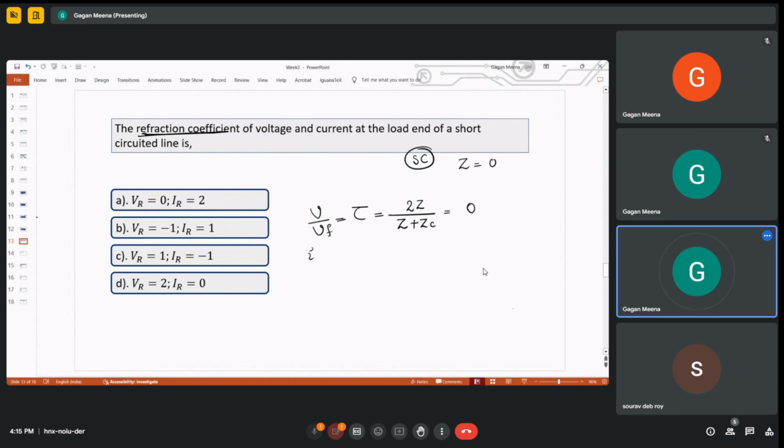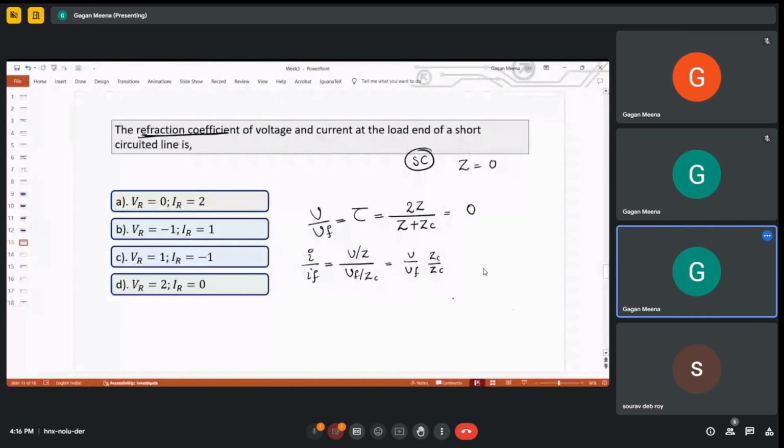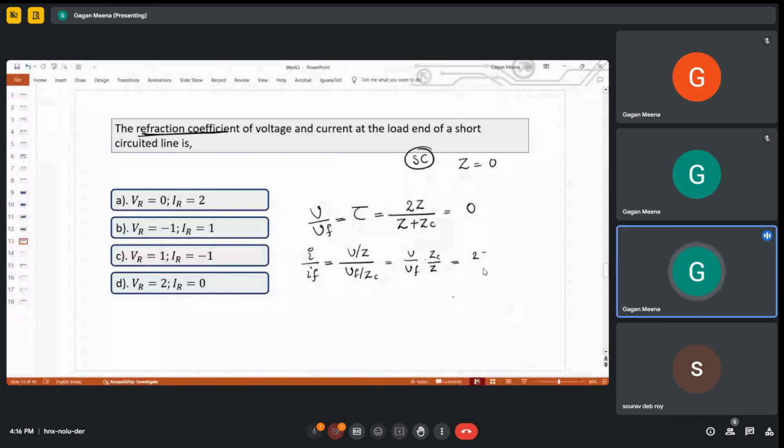But similarly, we can also find the transmission or refraction coefficient for the current, and this will be equal to V divided by Z, and this will be VF divided by ZC, and V by VF we already know, multiplied by ZC by Z. V by VF is 2Z upon Z plus ZC.